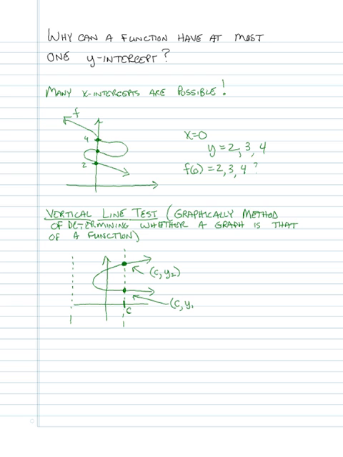I'll call that y subscript 1. And if this is the graph of f, then that would say f of c is equal to y sub 2, but also f of c is equal to y sub 1. In other words, that one x value has 2 different y's associated with it. So this fails the vertical line test.